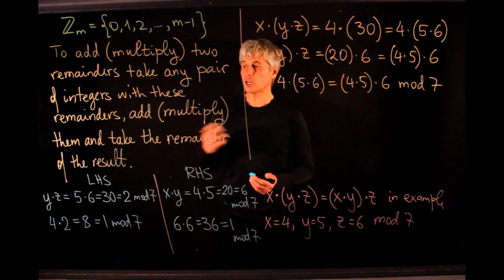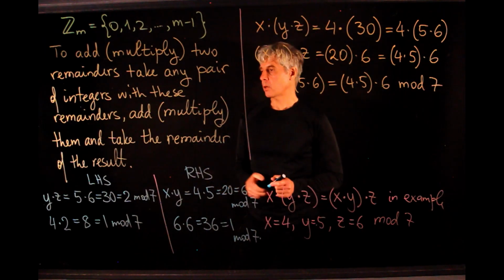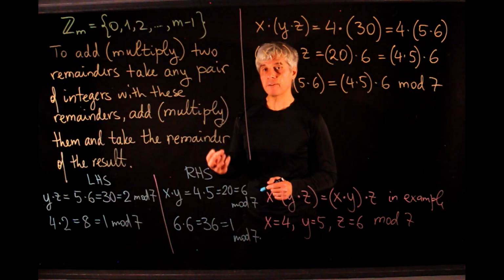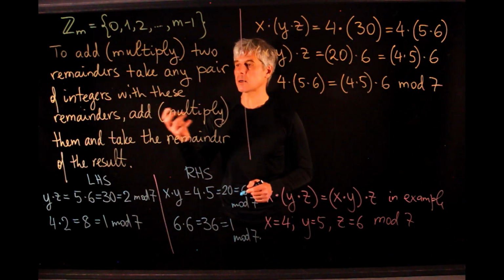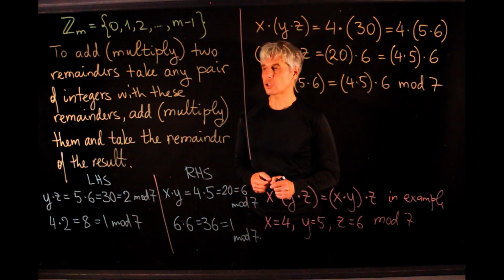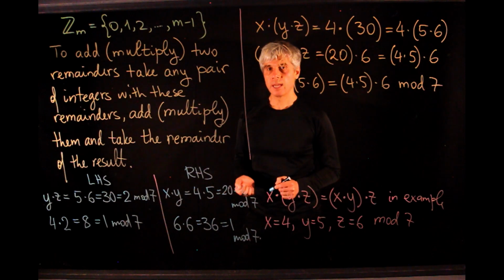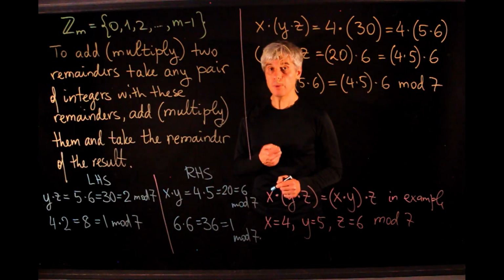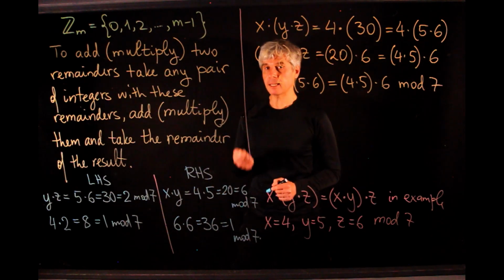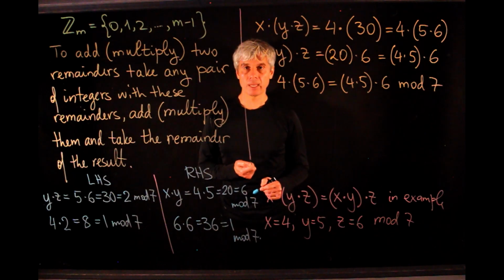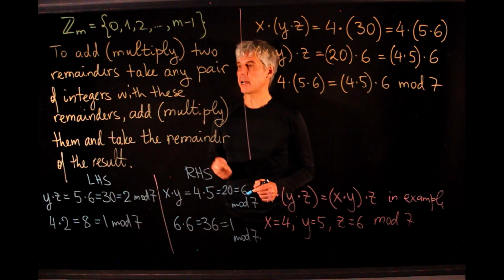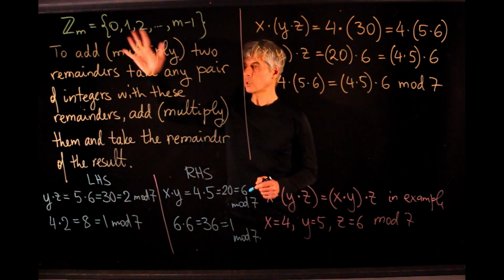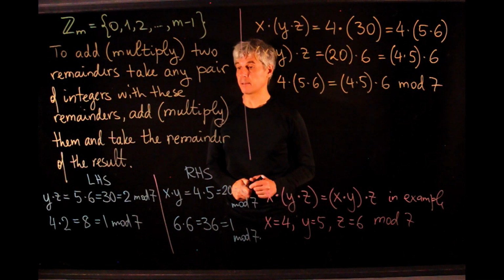So there is a danger hidden in this rule, because this rule may be not well defined. A priori, it could happen that with one pair of integers we get one result, and with another pair with the same remainders, we could potentially get a different result. And so we need to verify that this rule is indeed well defined.